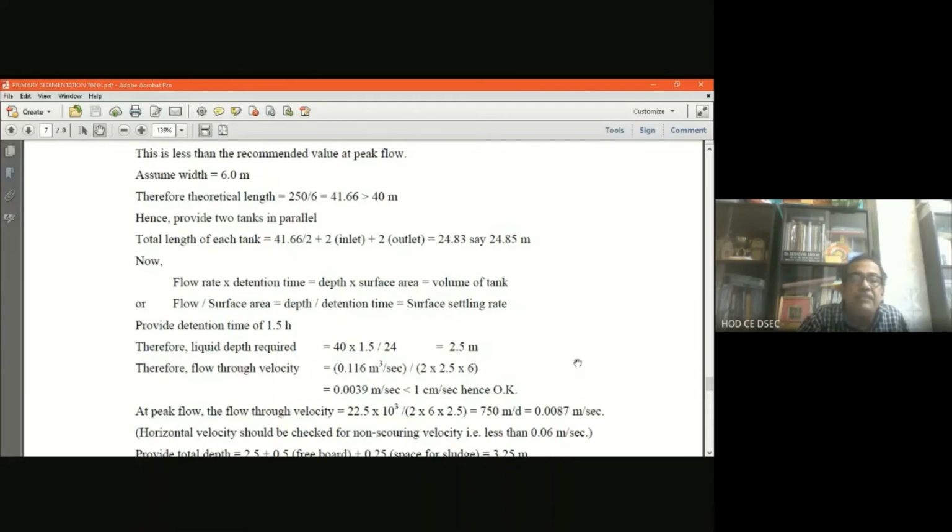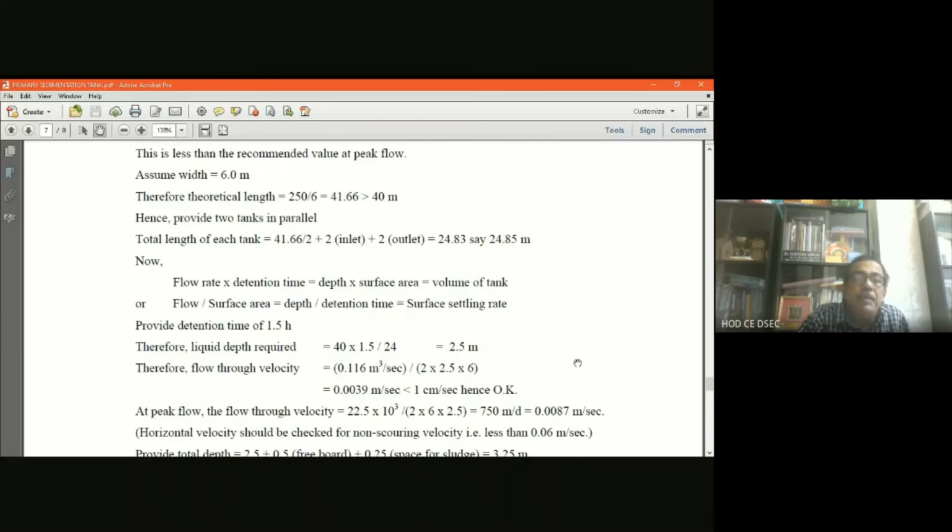So from this equation we get flow by surface area equal to depth by detention time. A very fundamental equation. Flow by surface area equal to depth by detention time is nothing but the settling velocity.